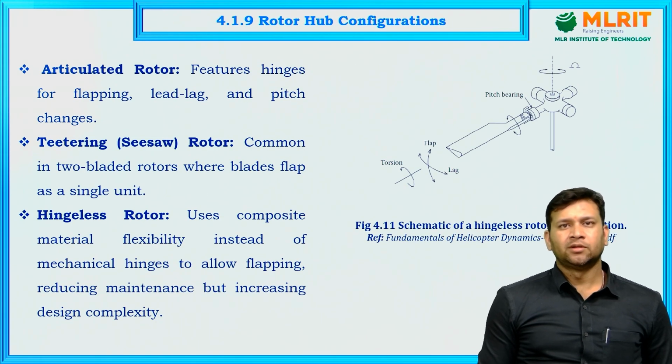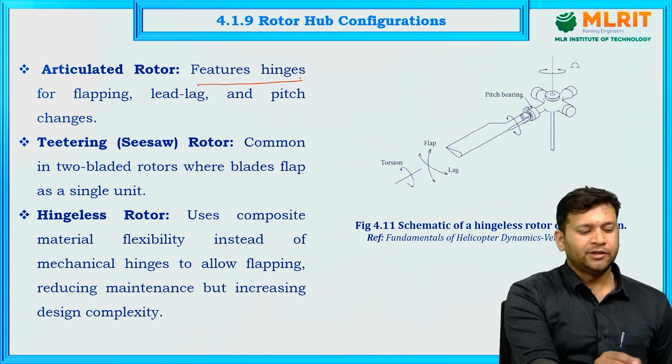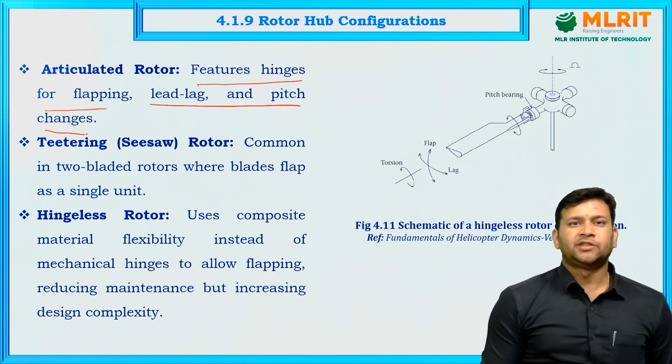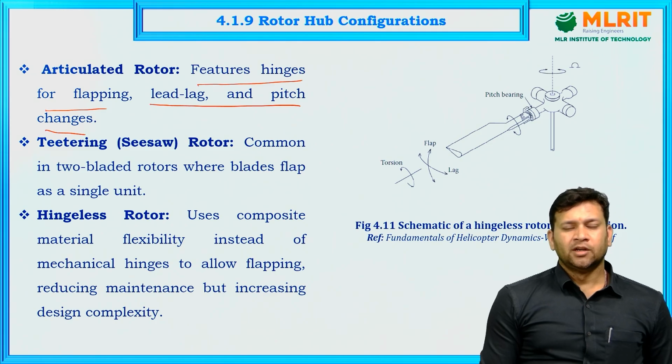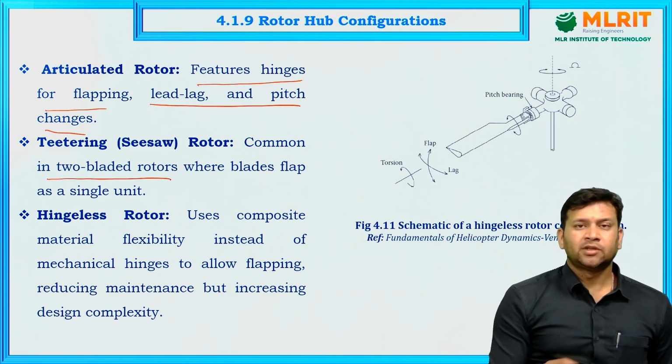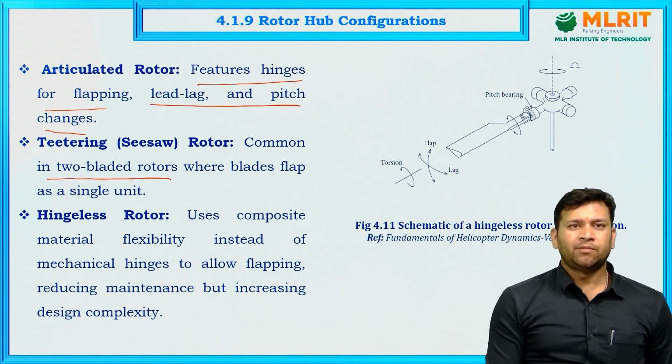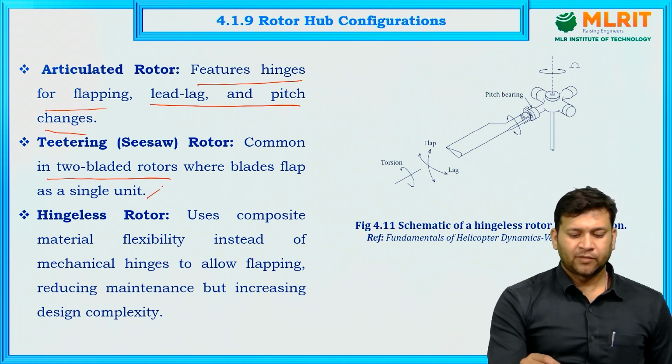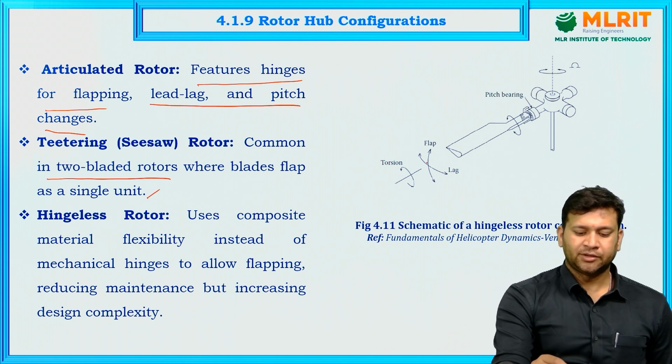Articulated rotor: it features hinges for flapping, lead-lag and pitch changes. Teetering rotor, which is common in two-bladed rotors where blades flap as a single unit. But here you can see the direction, the flapping, it will move up and down, and this is the lag.